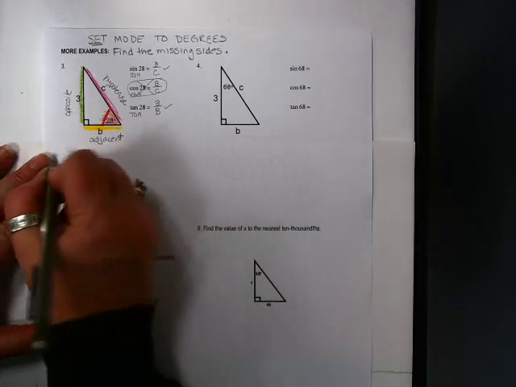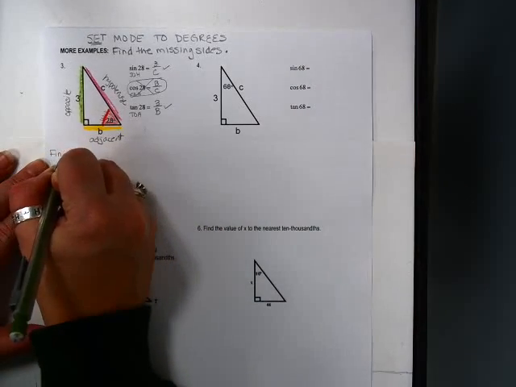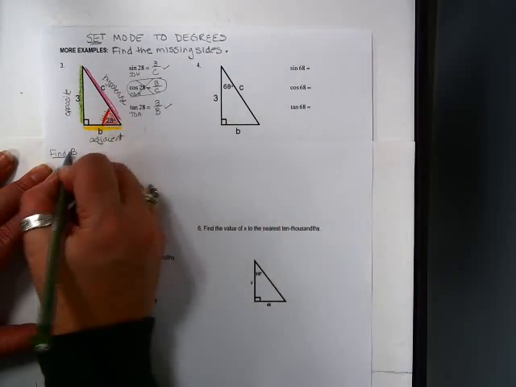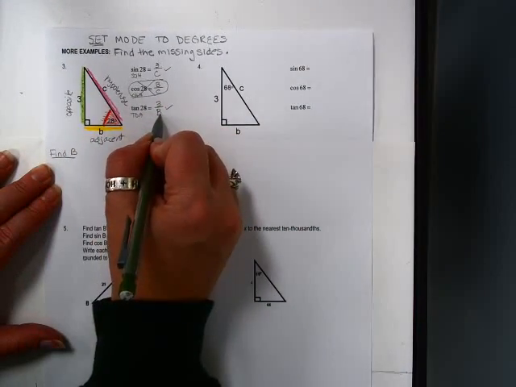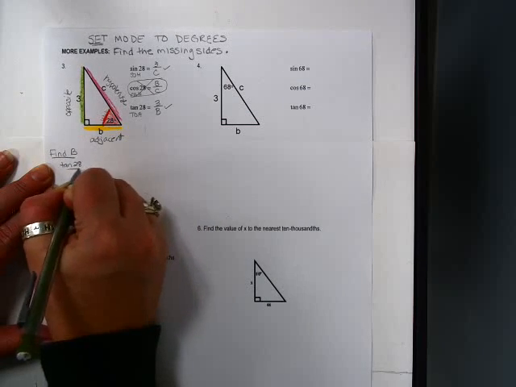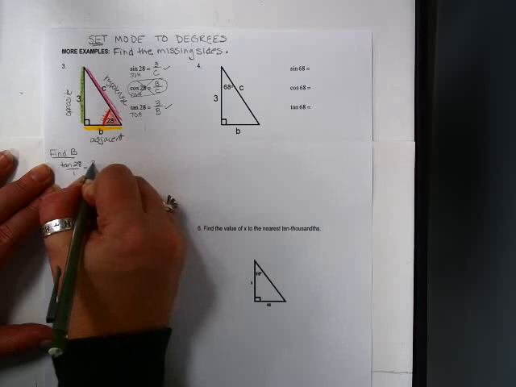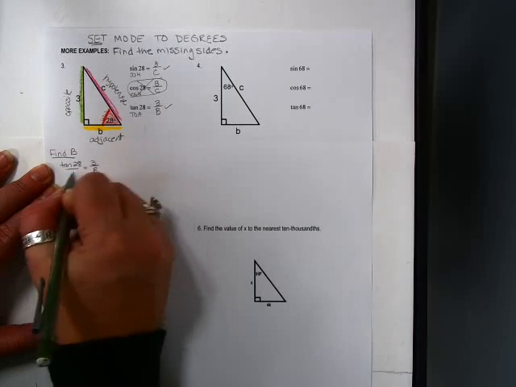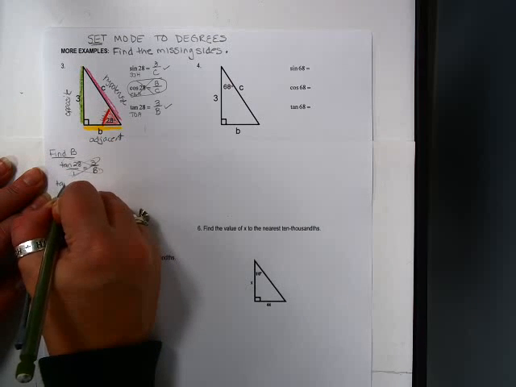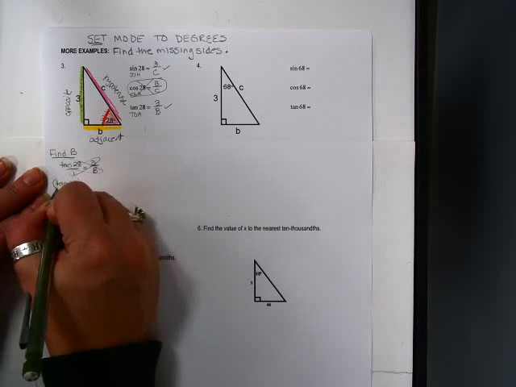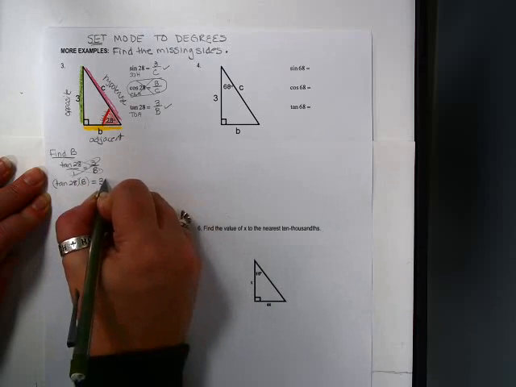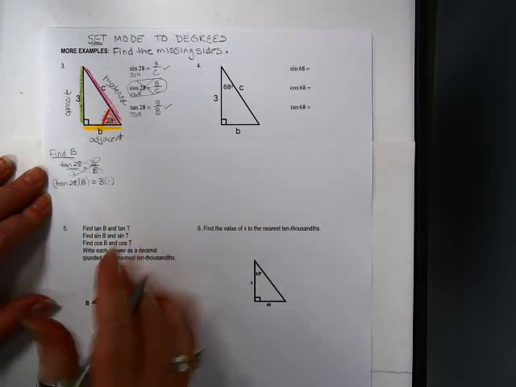Okay, so step 1. Let's find B. To find B, I'm going to choose this one here with the B. I'm going to put tan 28 over 1 equals 3 over B, and I'm going to cross multiply just like I've always done. So that's going to be tangent 28 B equals 3 times 1, or just 3.